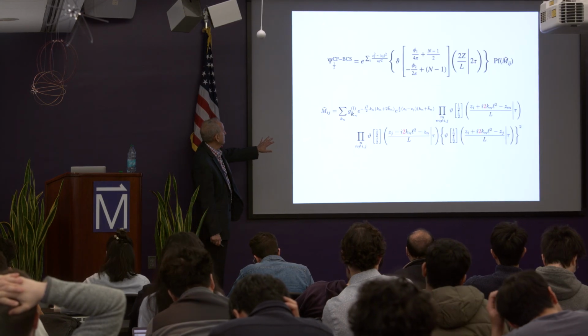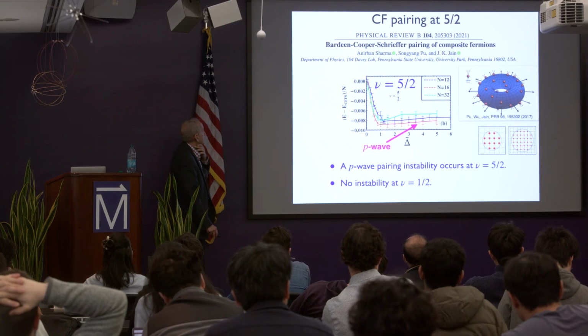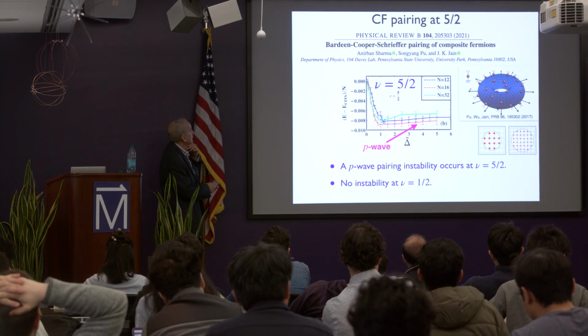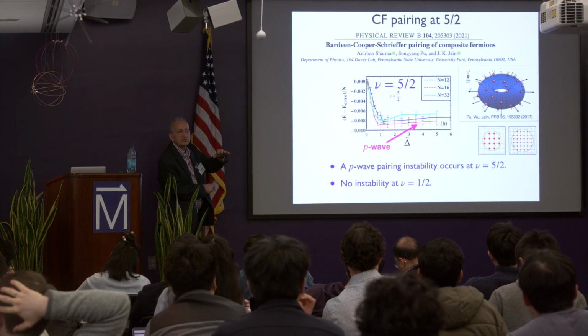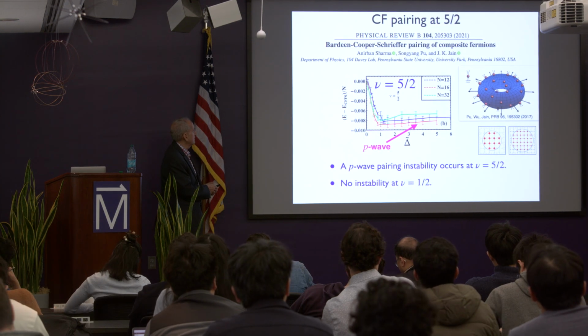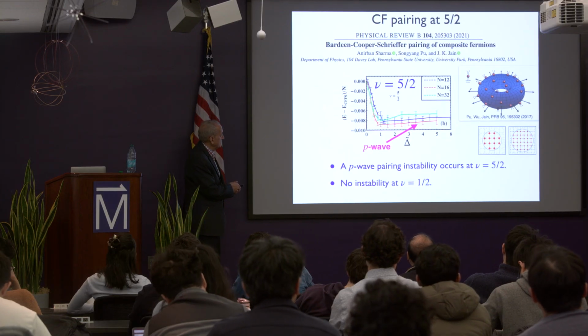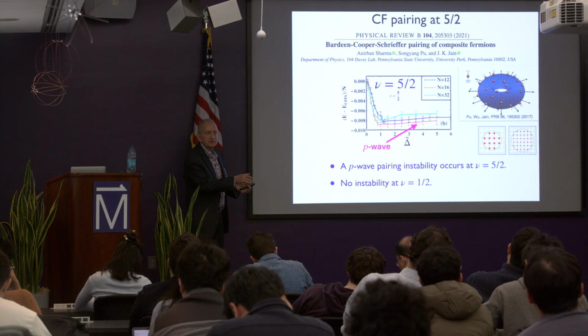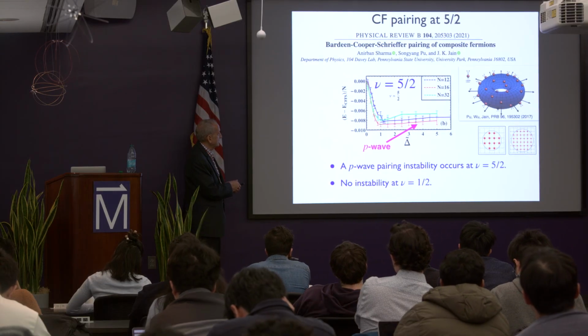In the interest of time, let me skip over these and just show you the results. Let's first work at filling factor 5/2. This is 1/2 in the second Landau level, and in this and some other plots that I'm going to show you, we change delta.